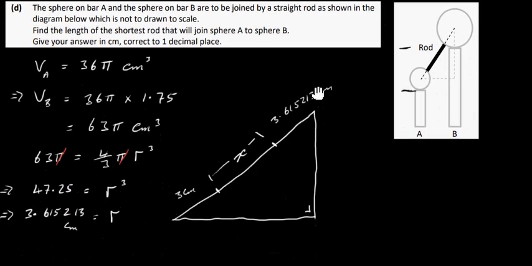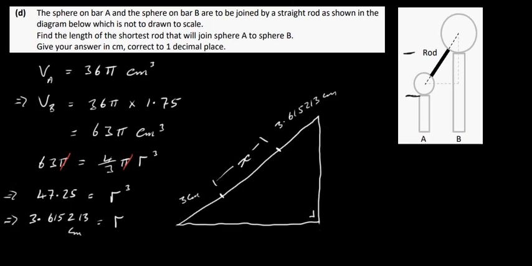So I know here that the distance between the top of this cylinder here and the top of this cylinder here is going to be 9 centimeters.